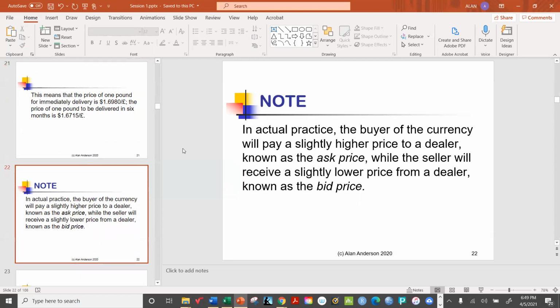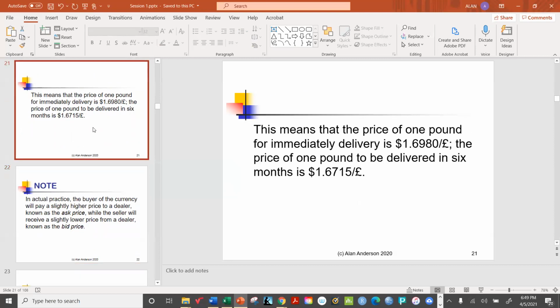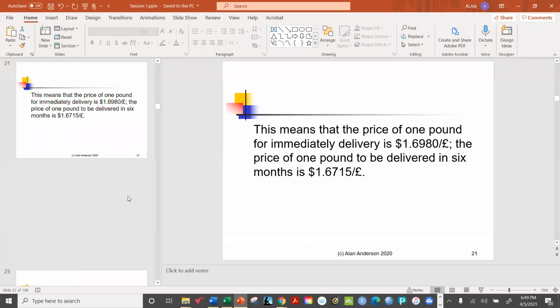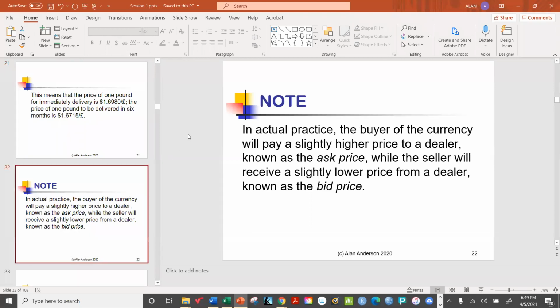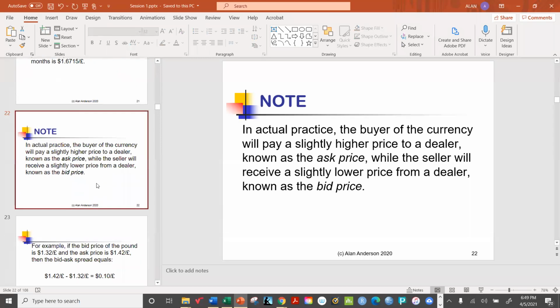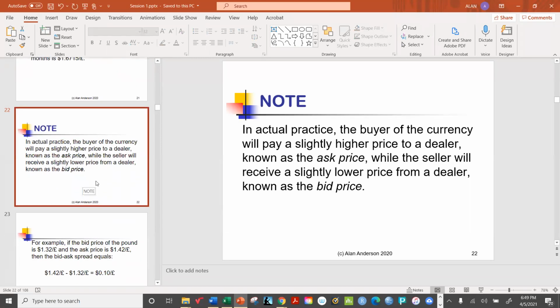Now, I do want to point out that at least in the foreign exchange market, it's usually not quite this simple. Currencies are usually bought and sold with what are called an ask price and a bid price. Now, if you've ever been to a foreign exchange dealer, you know what I mean. You go into a bank in Manhattan and say, I need British pounds.